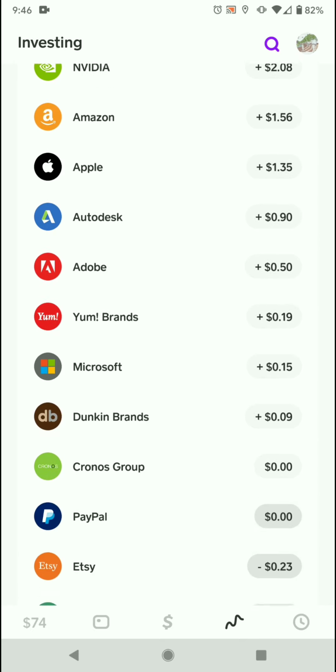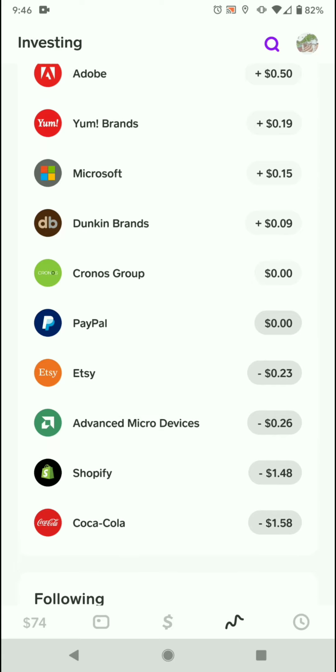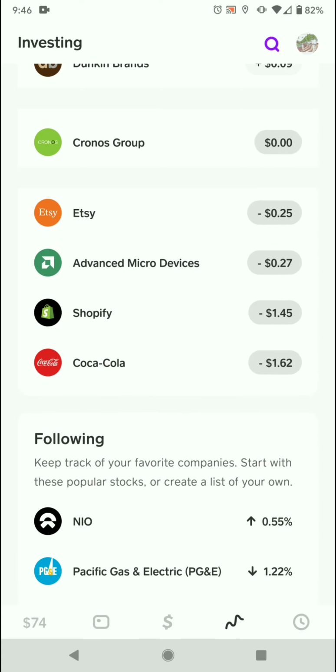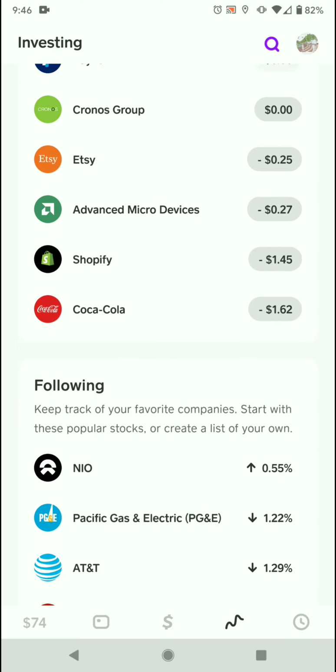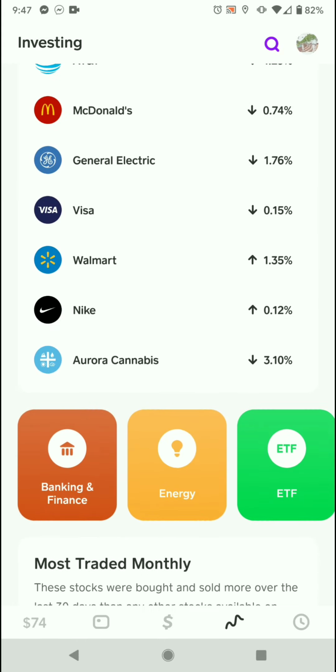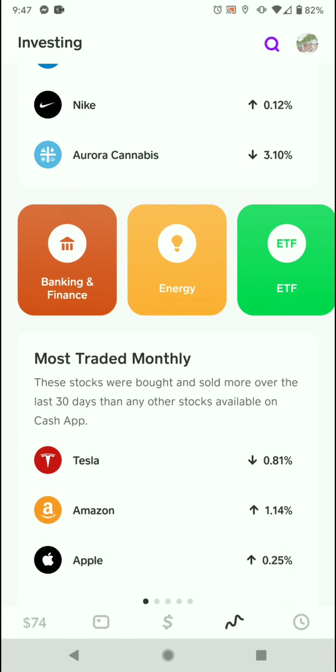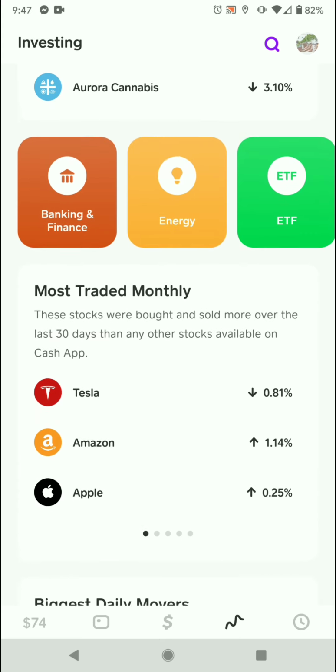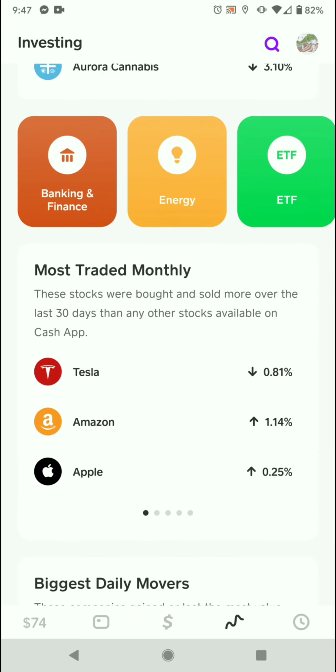As you can see, I've got a pretty good collection of companies in my portfolio. CashApp doesn't have every company or market available to invest in, but they do have a great collection of some of the top stocks known as blue chips, like Tesla, Amazon, Microsoft, Netflix, Google.